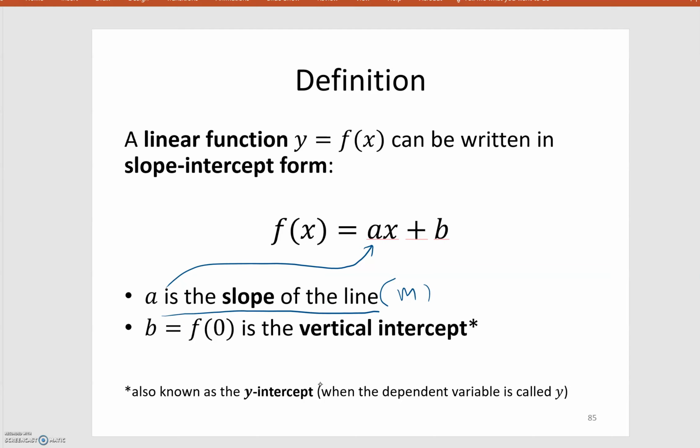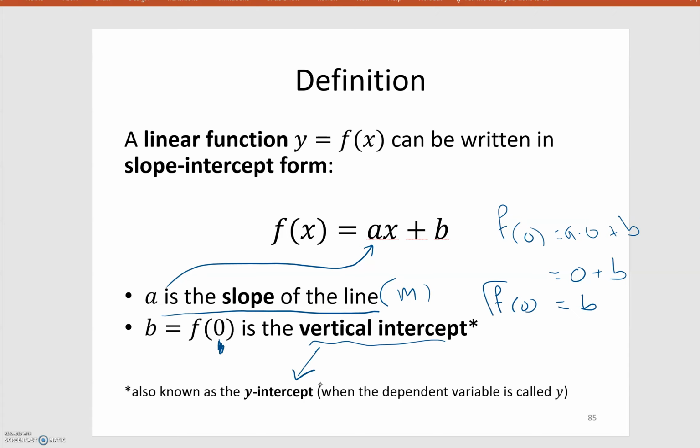And the b term has a couple of names. It's the vertical intercept. It's also called the y-intercept, and it is the value of the function when x equals 0. If I put in f(0) here, I get a times 0 plus b, and a times 0 is just 0, and so that is just b.